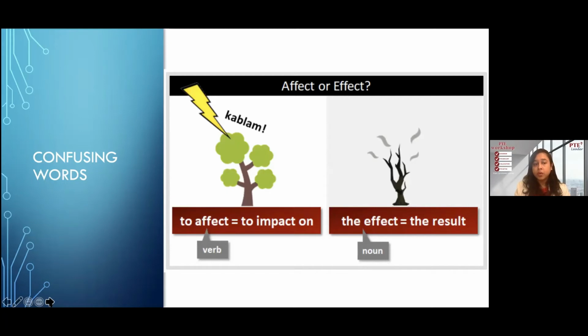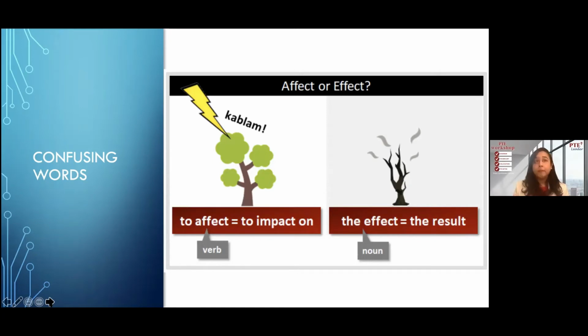So if I say, I have short-term memory, and this short-term memory affects my performance in a test, in that sentence I'll use affect with an A because it's a verb. My short-term memory affects my performance in the test.